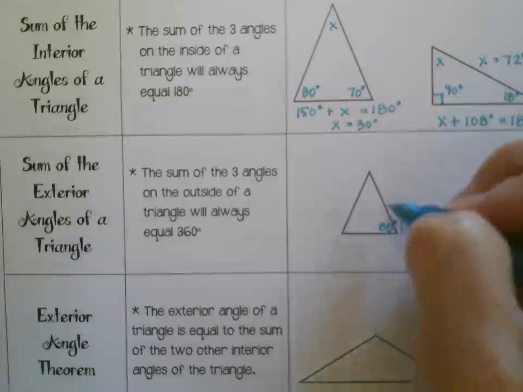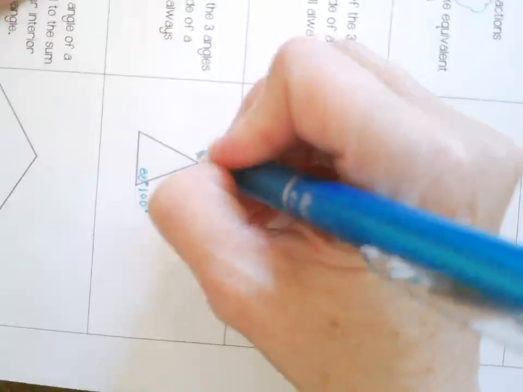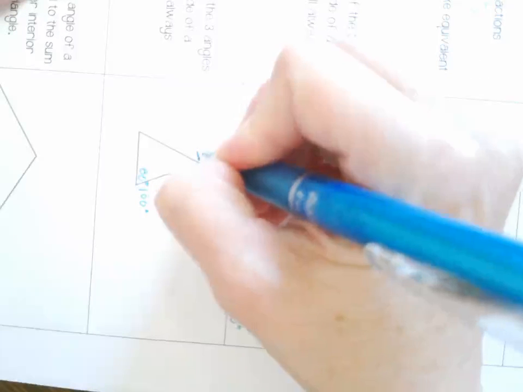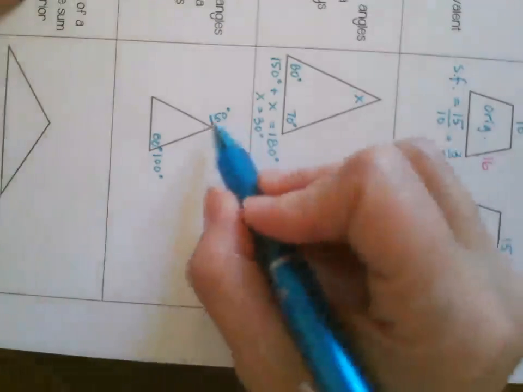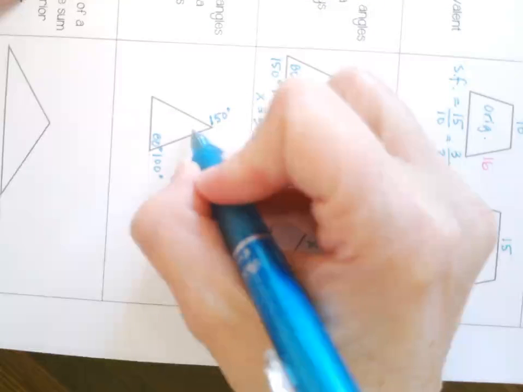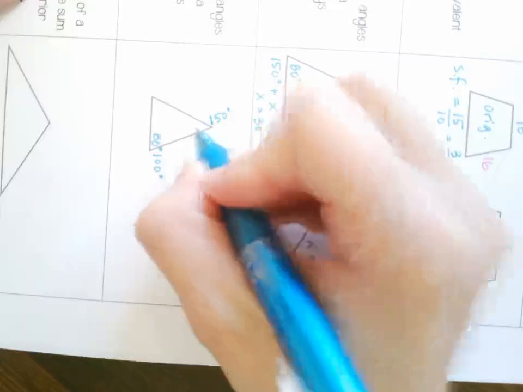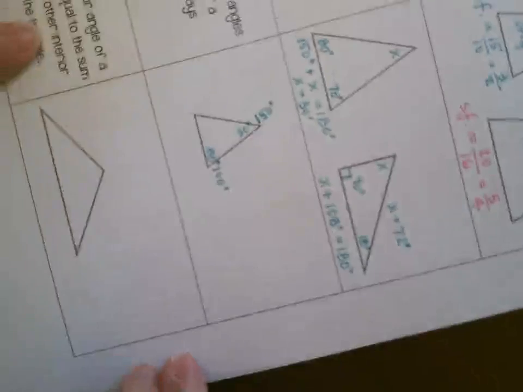All right, so if this one is 100, let's say this one is 150 degrees. So if this angle right here is 150 degrees, do you know what this one in here would be? Well, hopefully you're thinking 30 degrees because those two have to be 180.